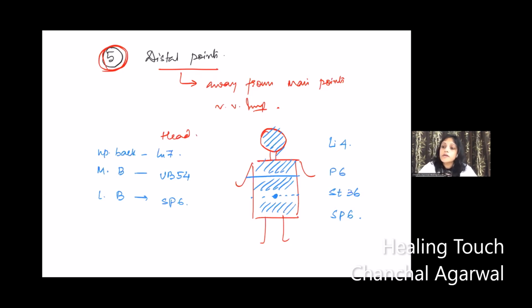We come to the next part, which is number 6. It is influential points. So if someone asks you about influential points, now you should know what they are.